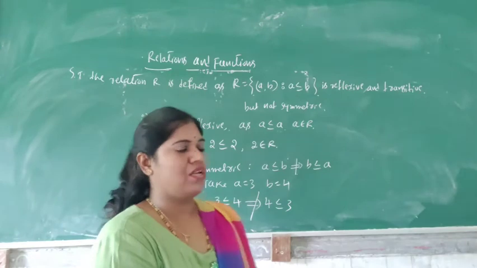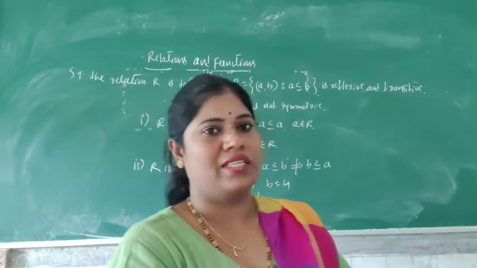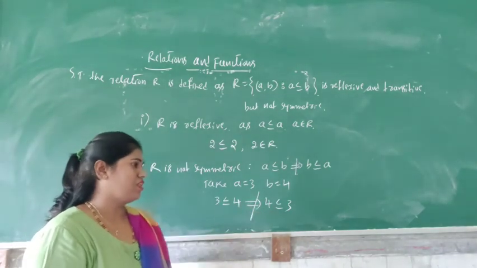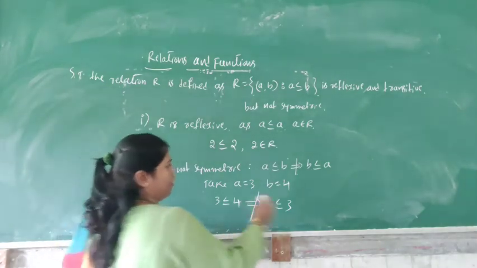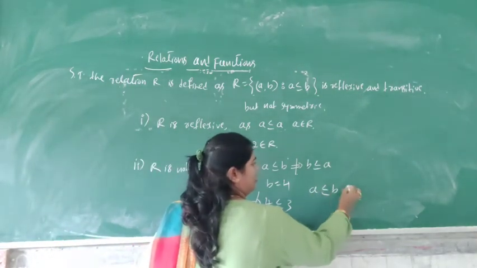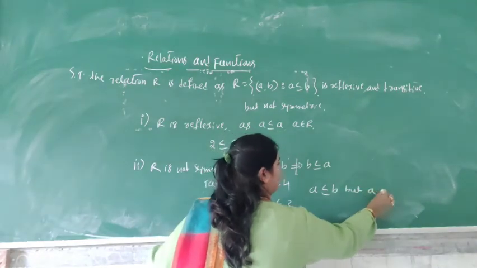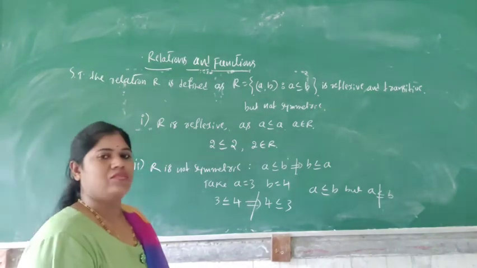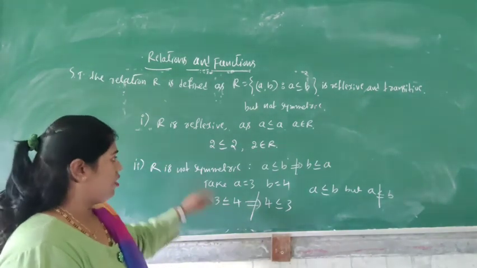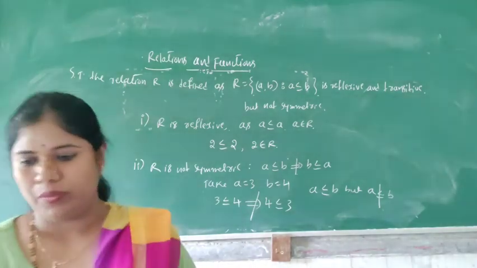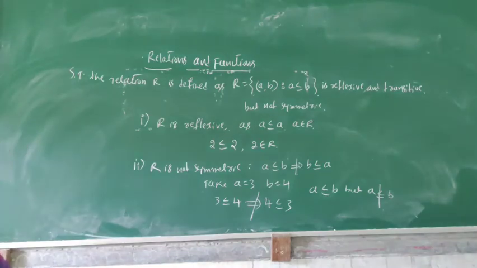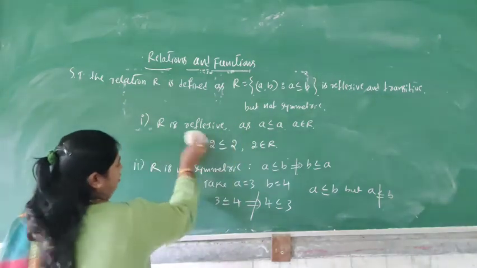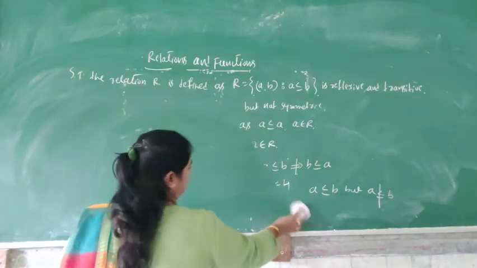In the examination, we have to give the counter example: 3 is less than or equal to 4, but 4 is not less than or equal to 3. You can also write like this. So therefore R is not symmetric. Next, what do we have to write? R is not symmetric, R is reflexive.